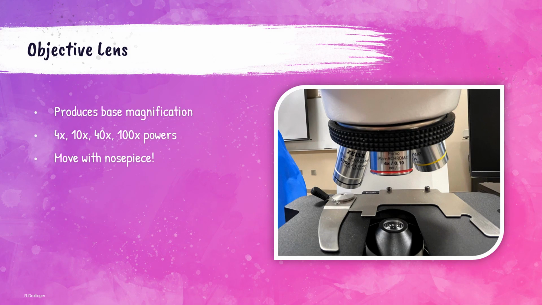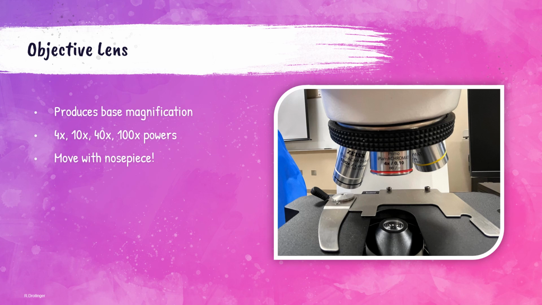The objective lens is the part of the microscope that is needed to produce the base magnification. It relays the image of the object into the eyepiece. There are varying powers of objective lenses, usually 4x, 10x, 40x, and 100x powers. Recall that the nose piece is what holds the objective lenses. It can be rotated easily to change the power of the objectives.